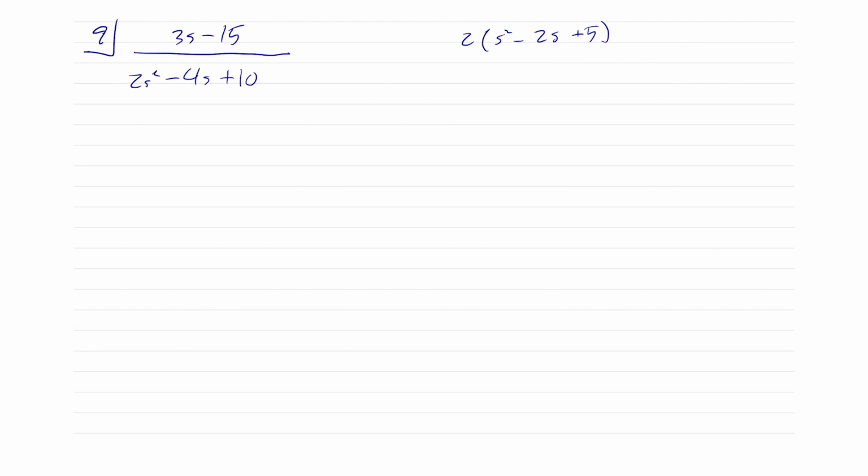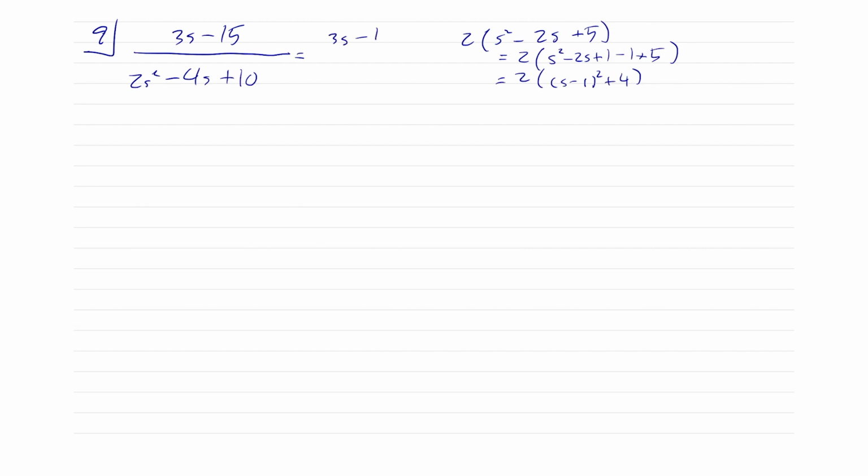Okay, so now we just use our completing the square method, and so we're going to get 2, and so we have s squared minus 2s, complete the square, and then plus 5. So this is going to leave us with 2 times (s minus 1) squared plus 4, right? And so that's what we end up having over here.